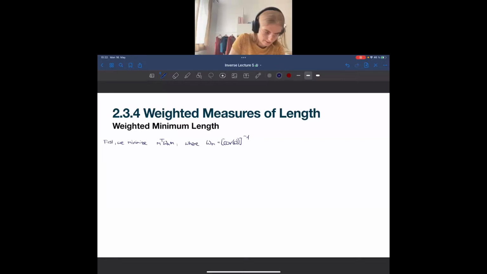So what we're going to do is we replace m with m minus this funny looking m, where it is the expected solution, or estimate.